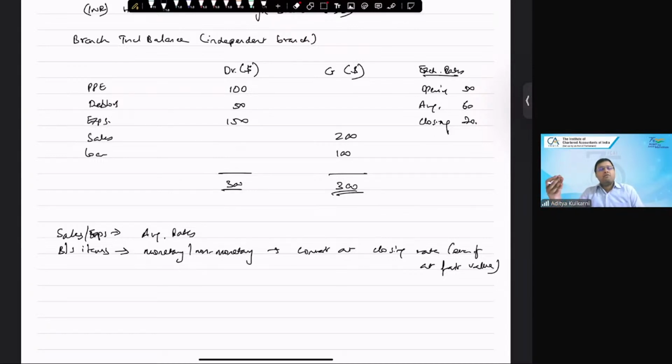When I buy a foreign currency denominated item of property, plant, equipment, I will do the recognition at the spot rate when I enter into the transaction, and thereafter it continues to remain at that rate only. If there is a revaluation, I will take the rate on the date of the revaluation, but I will never convert it using my closing rate. Are you able to understand?